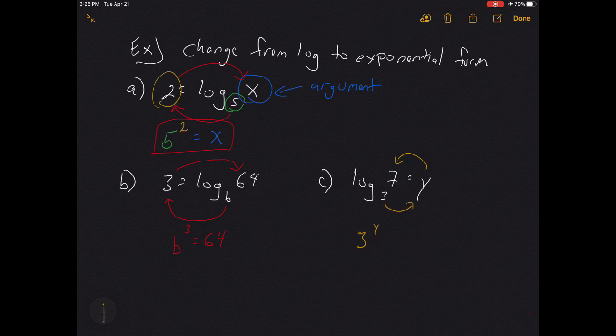Base to the exponent equals the argument. So the base was 3, the exponent is y because a log is an exponent, so the log itself equals the exponent y, and then that equals the argument 7. And we have rewritten all three of the logs in exponential form. In the next example, we're going to come back and we're going to do it the other way around.